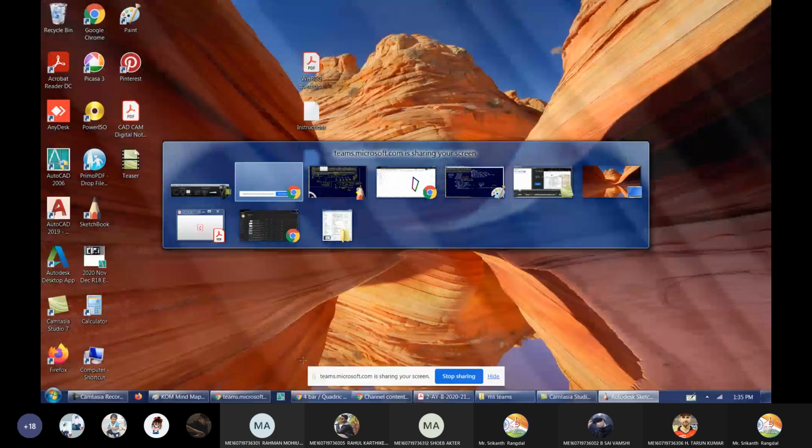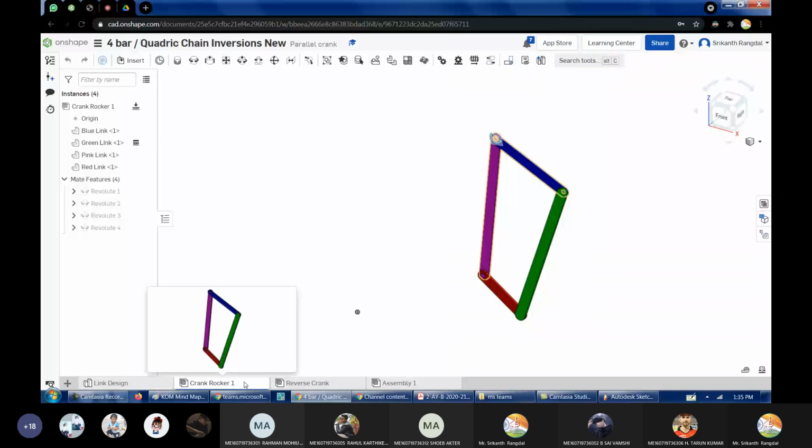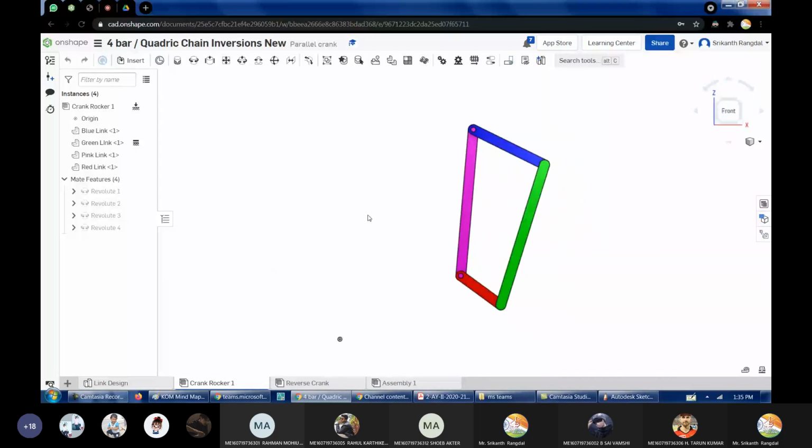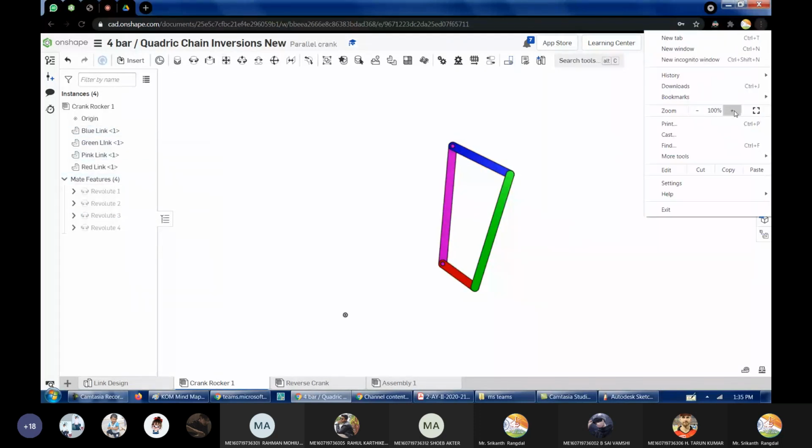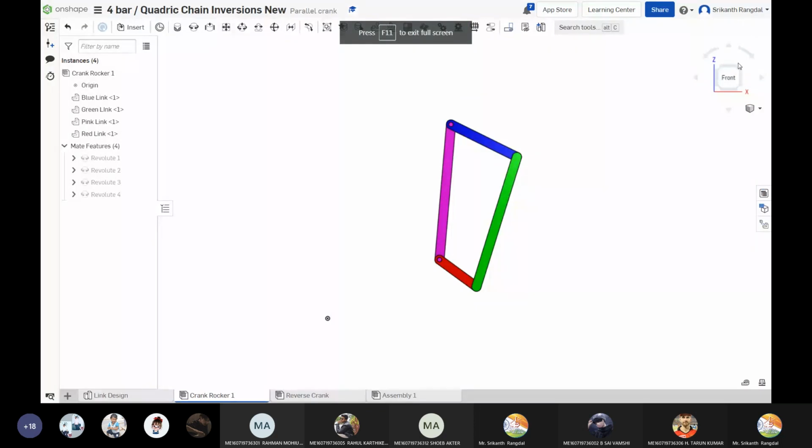The CAD file is already open. Let me take this and show you. So here you can see that the green link has been fixed. Let me unfix this. Now you can see none of the links are fixed.